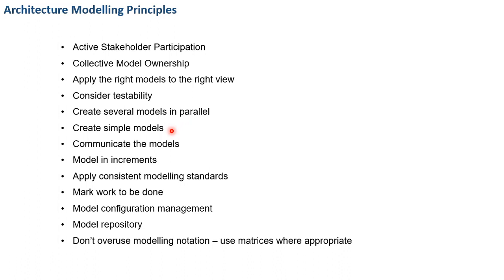Make sure the models are simple and easy to communicate, and you do it gradually, in increments. Don't boil the ocean. Do it sprint-like, as I covered in the previous video. Build these solutions gradually in digestible chunks rather than doing it as a one-off. We're not doing big design up front here.